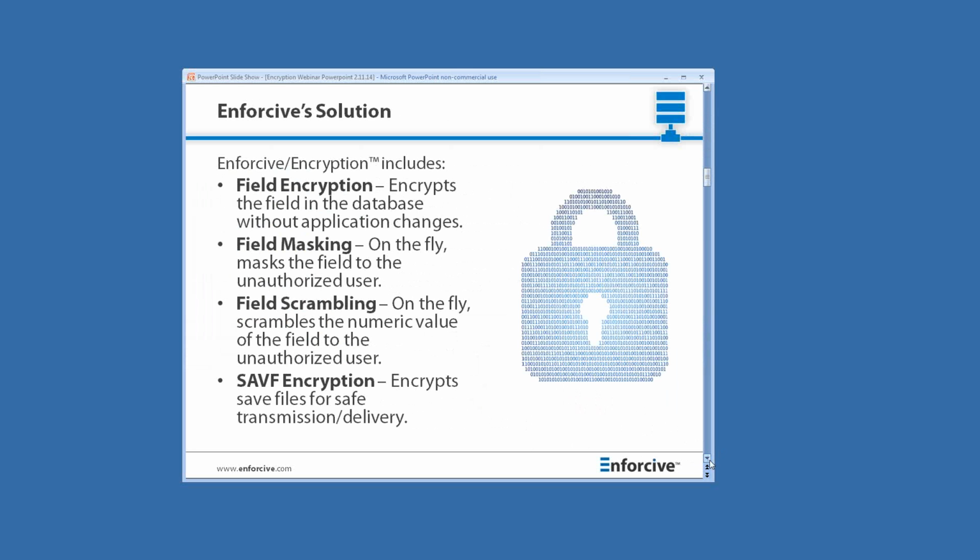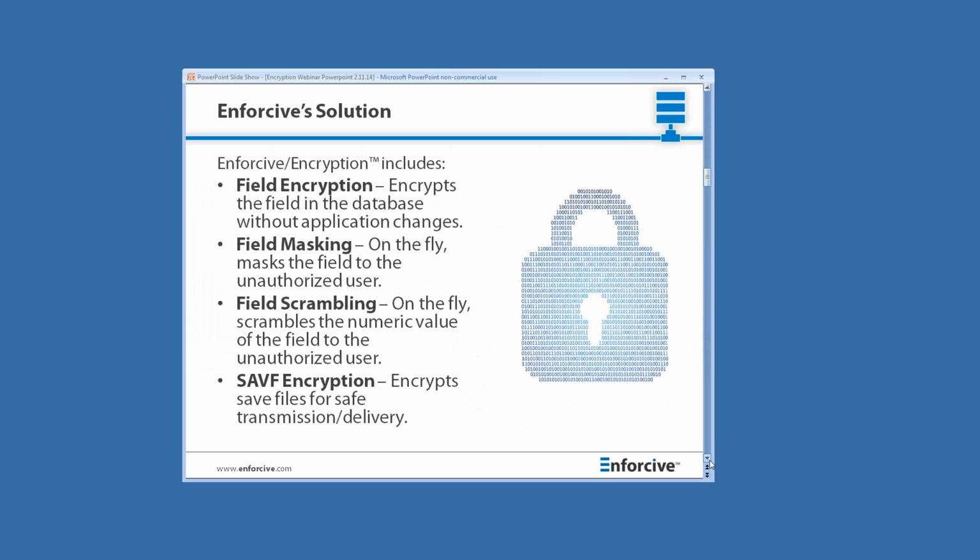We can also, as a separate facility, provide just masking, which is done on the fly. The data in the files is not encrypted, but if you have a need, and this would be the field level security aspect of it, right?